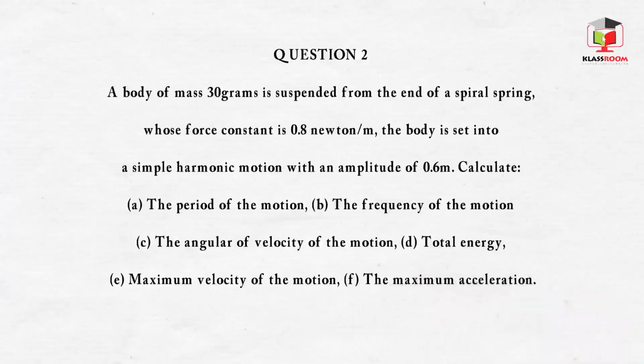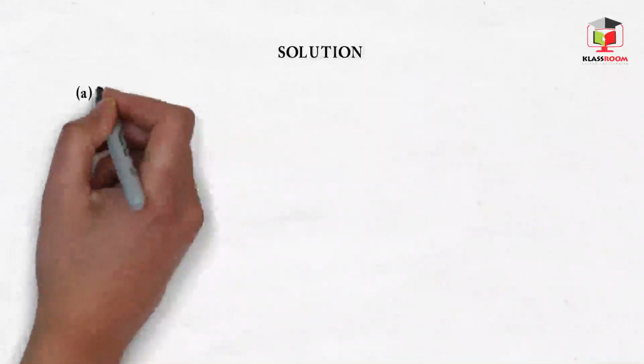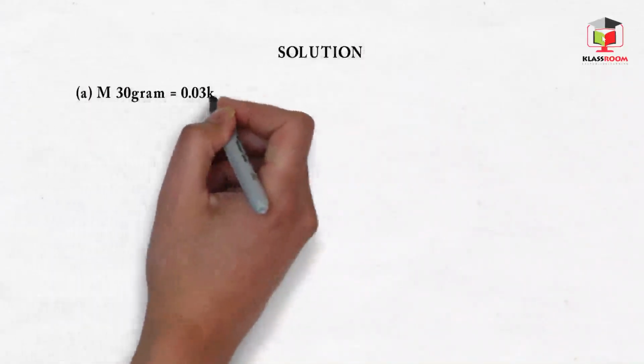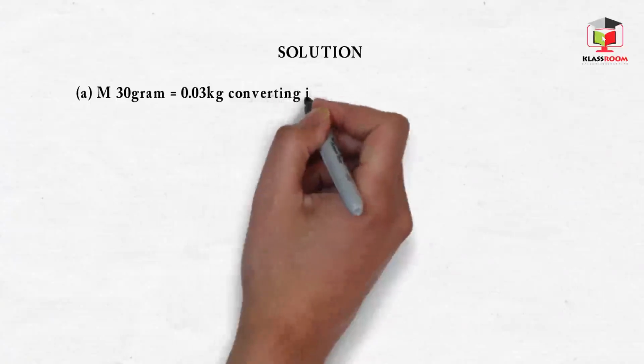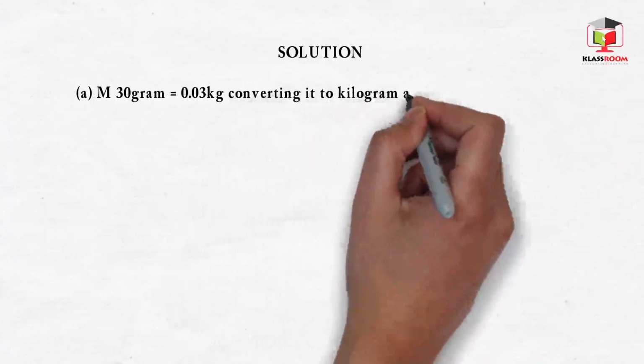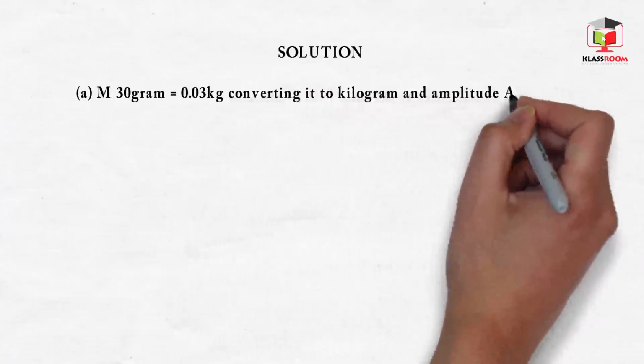Solution. m equals 30 grams, which is equal to 0.03 kg, converting it to kilograms. The amplitude a is equal to 0.6 meters, and the force constant k is equal to 0.8 Newton per meter.